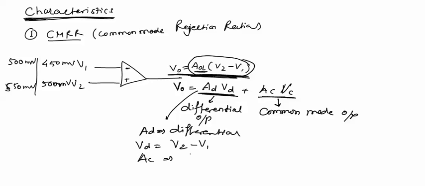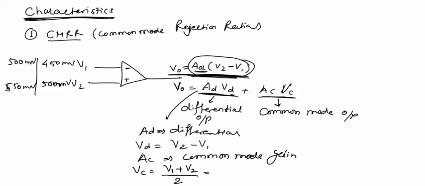AC is called common mode gain, while VC is called common mode voltage, and it is the average of the two voltages applied at the input. So this is the exact equation of the output.